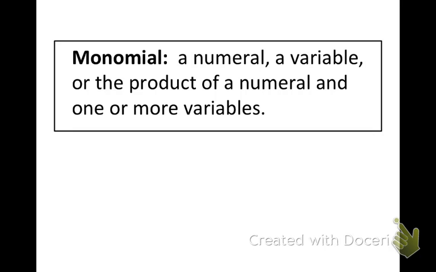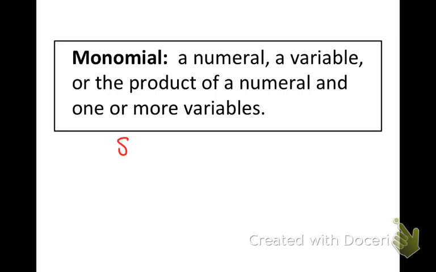A monomial is a numeral, or it can be a variable, or it could be a product of the two to make it into a monomial. So some examples of a monomial would be: no equal signs.